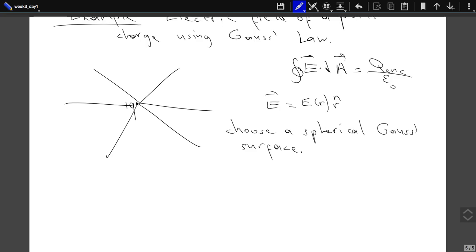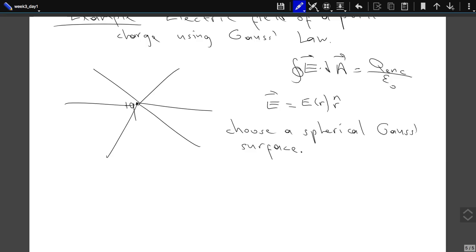So the function I do not know, so I cannot evaluate the integral. I cannot make use of it. It will still be valid. Gauss law is valid for whichever surface you can imagine. It's valid for this spherical surface. It's valid for a cubic prism. It's valid for any closed surface that you can imagine. But for an arbitrary surface, it won't serve any purpose for you.